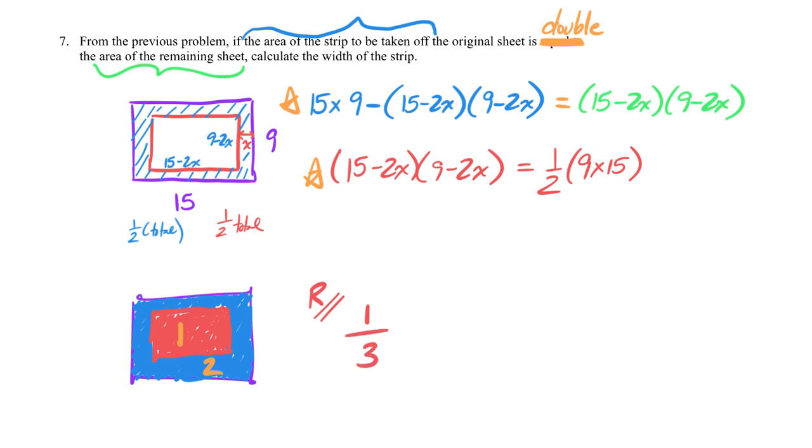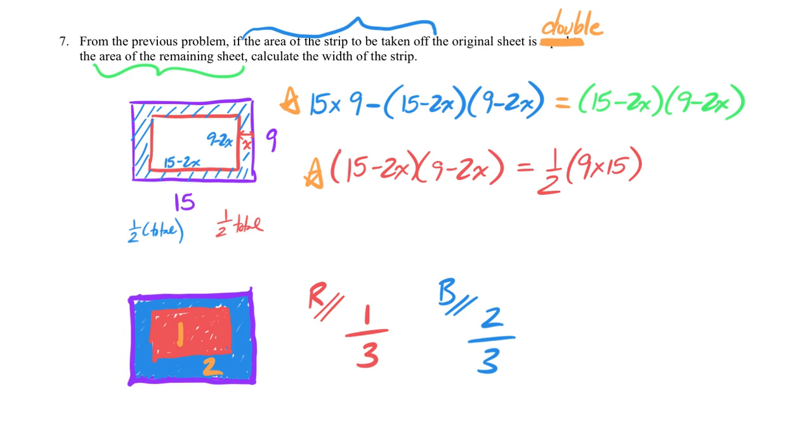Notice the 1 part in the red plus the 2 parts in the blue make the total of the purple rectangle, the original, worth 3. That also tells me that my blue strip has to be 2 parts out of the total of 3. That I could use ratios to build quicker equations.